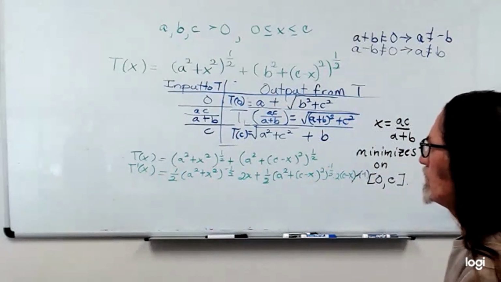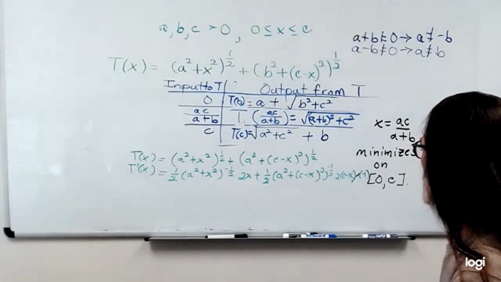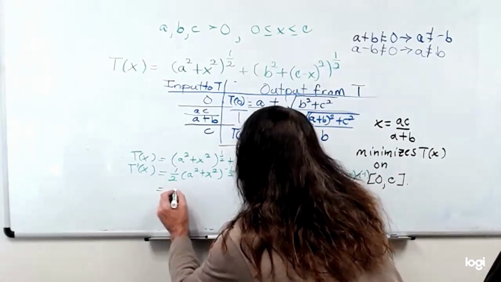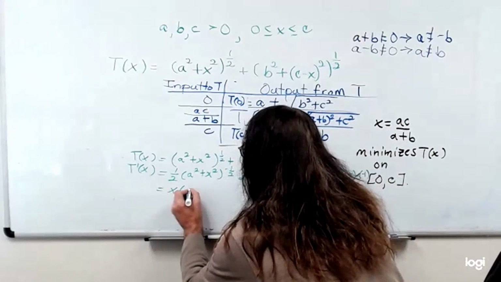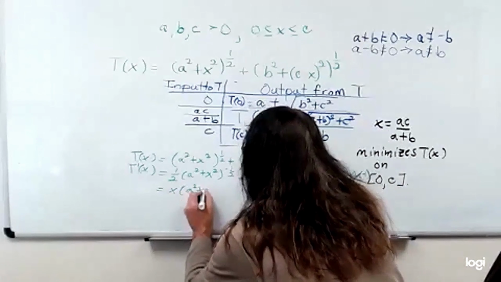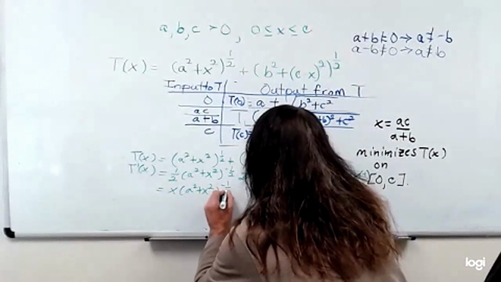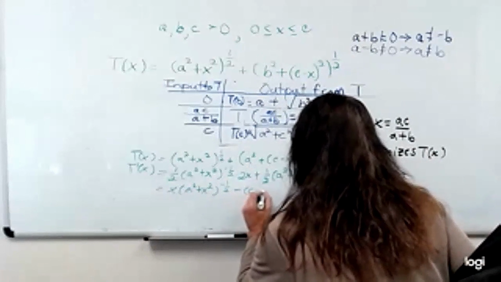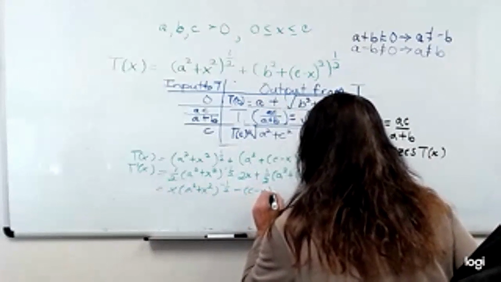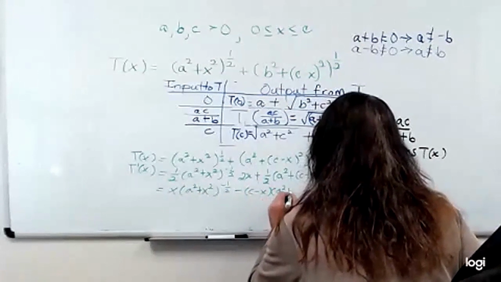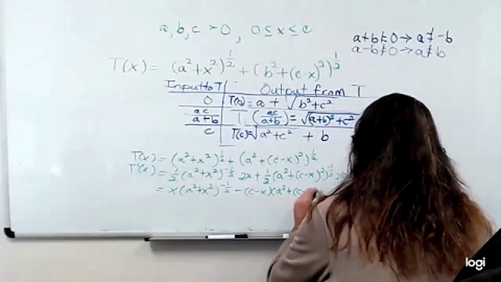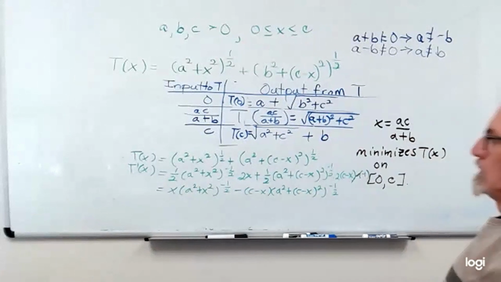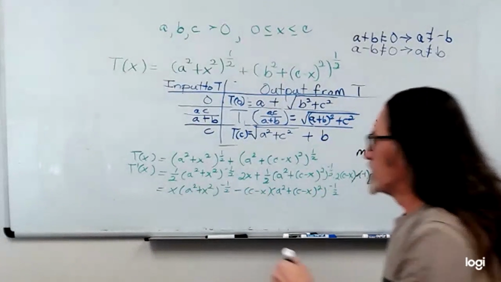and again, we will cancel out the 2's, etc., etc. Set that equal to 0.